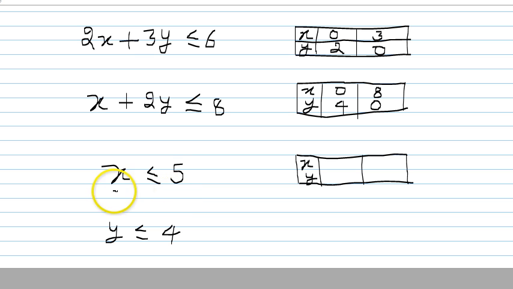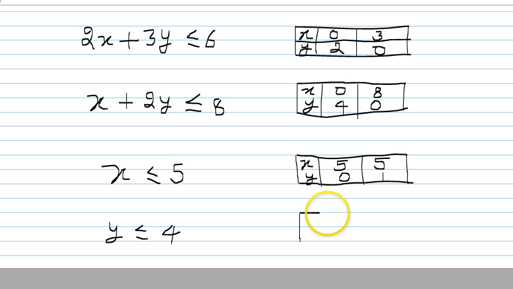Here it's given x is less than or equal to 5. In any case, for any value of y, x is 5. So I'll put x as 5 directly, and then you can put any value for y. It can be 0, 1, or 10, depending on the size of your graph paper. I'll just take 0 and 1.